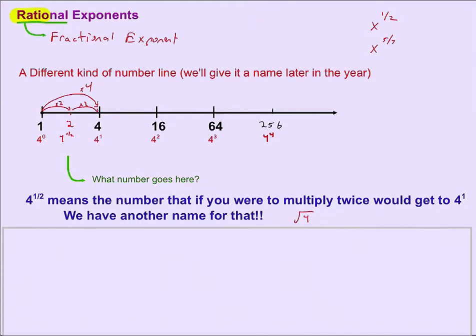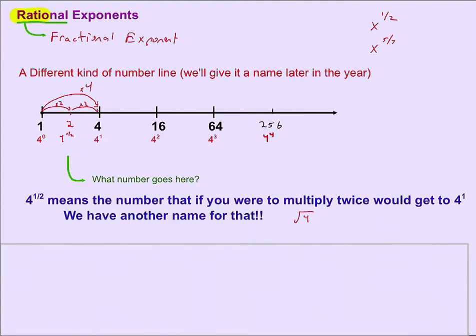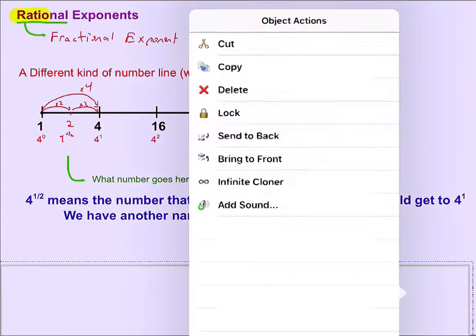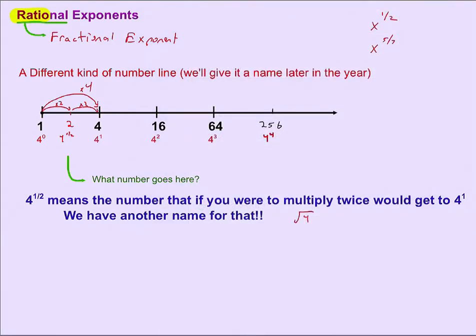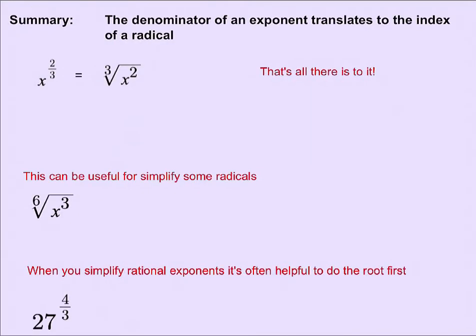So what you've always thought of as a square root can also be thought of as a rational exponent. And that's the key, that a rational exponent is the same thing as a radical. If you say it the other way, the denominator of that exponent is the index of the radical. They go together.